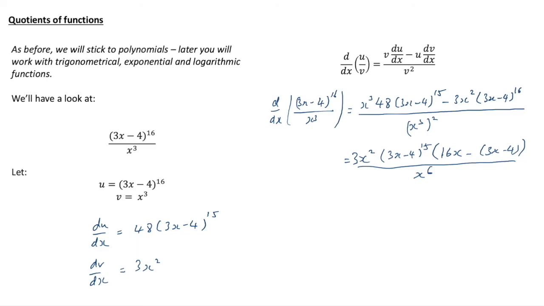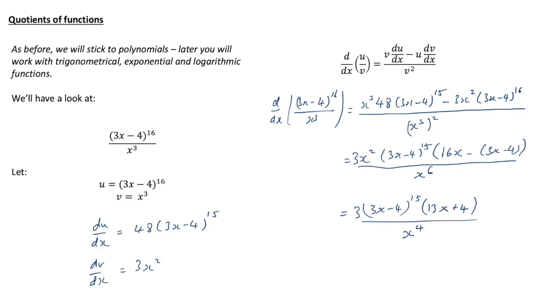What that leaves is, for the first term on the line above, we're left with 16, which is 48 divided by 3, times the x, and the second term we just have a factor of 3x minus 4, which has to be subtracted because it's a subtraction on the line above. And we've also made x cubed squared into x to the power of 6, which is going to make it easier to do the next bit of cancelling.